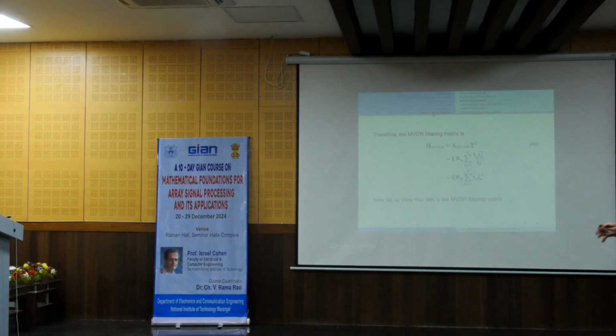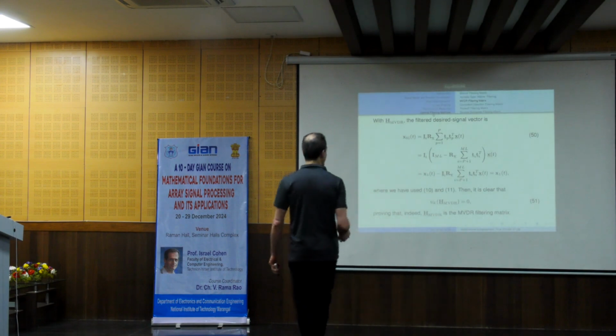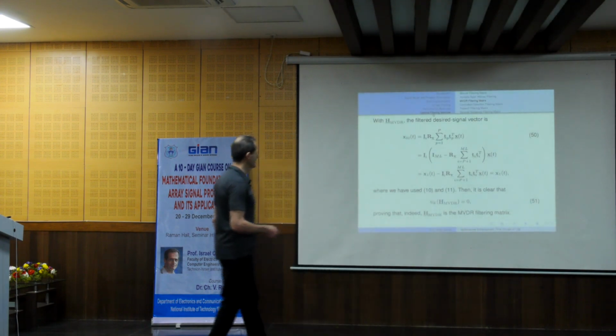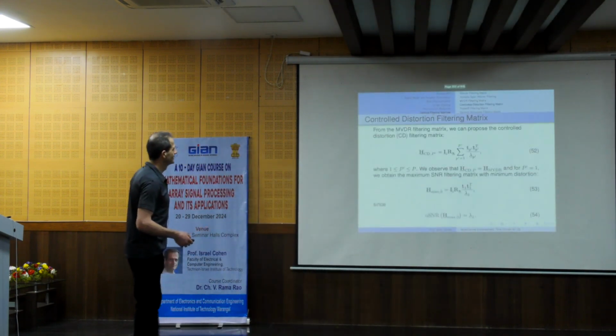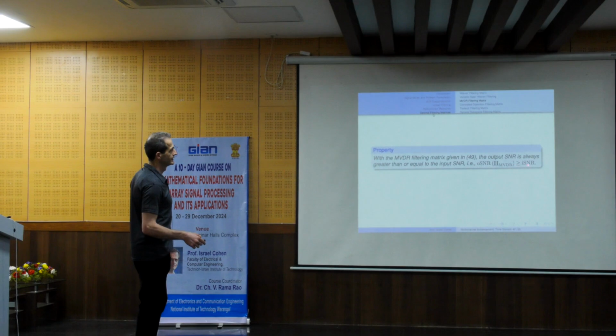Very nice. So actually everything I already explained, so I can skip the derivations. And the nice thing is that also the output SNR with MVDR is always larger than the input SNR.